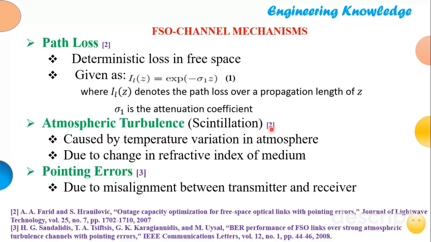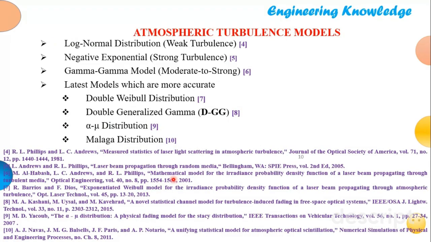I always include the references in this slide, so you can refer to these papers if you want a detailed description of these things. How do we model atmospheric turbulence? First of all, if it is weak, it can be modeled using the log normal distribution, strong using negative exponential, and moderate to strong using the gamma gamma model.